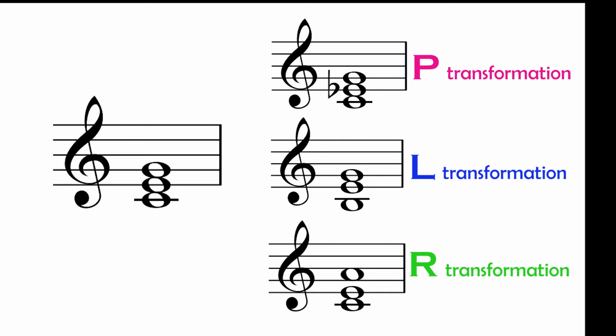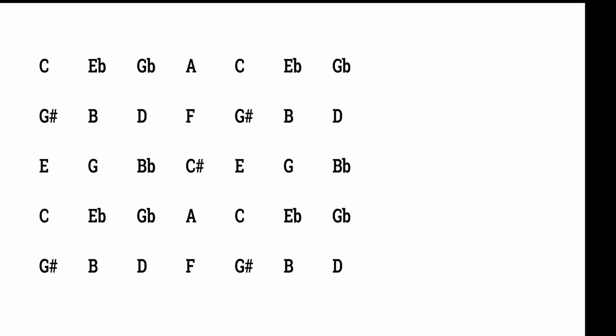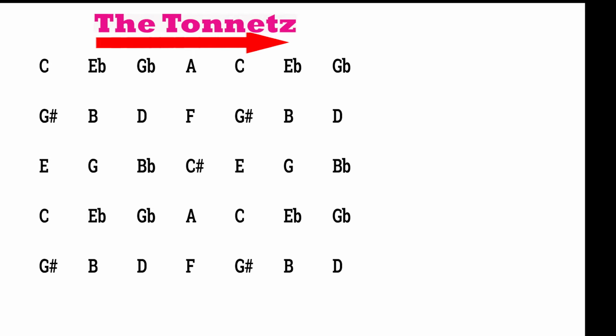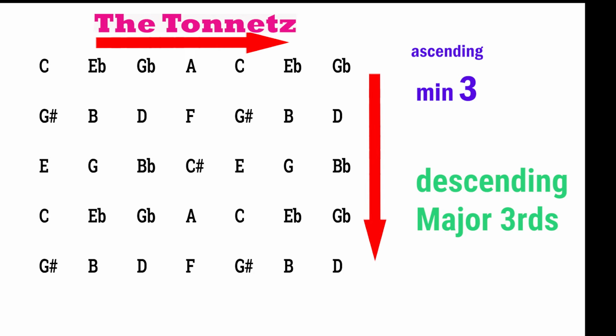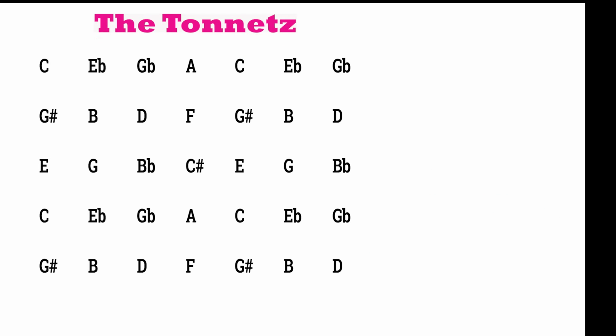To help make this a little bit easier, we can adapt something called a tonnetz, which is simply a table of notes. In this table of notes, going left to right across the top, we see ascending minor thirds. Going from top to bottom, we can see these are descending major thirds. The tonnetz can be a helpful way to represent triads and triadic relationships.